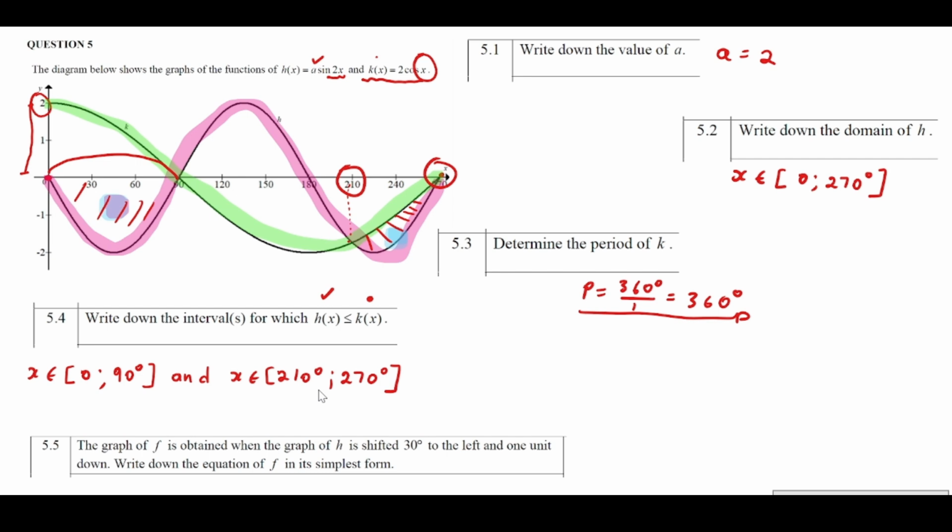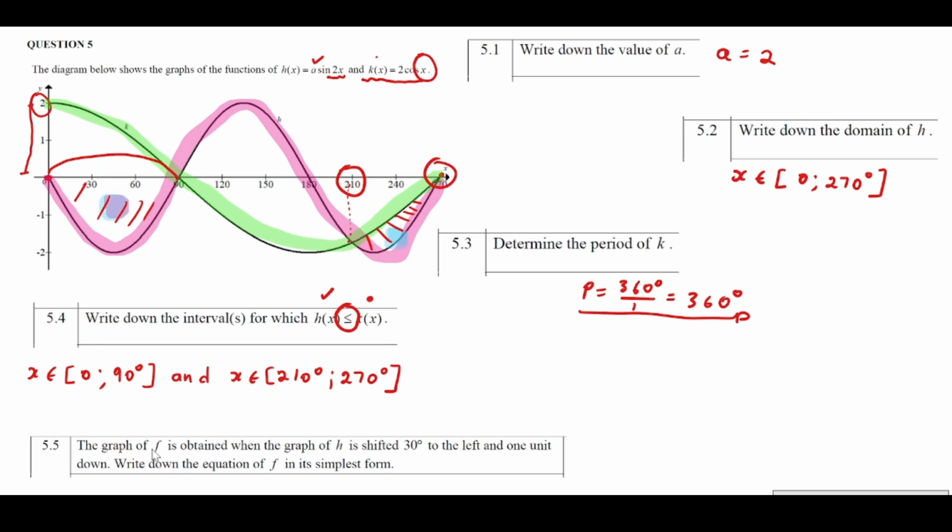That's where we find the graph of h to be below the graph of k. And be very careful, I'm using the square brackets because of the sign that is given to me. They say less than or equal to, so it means that these points are included.